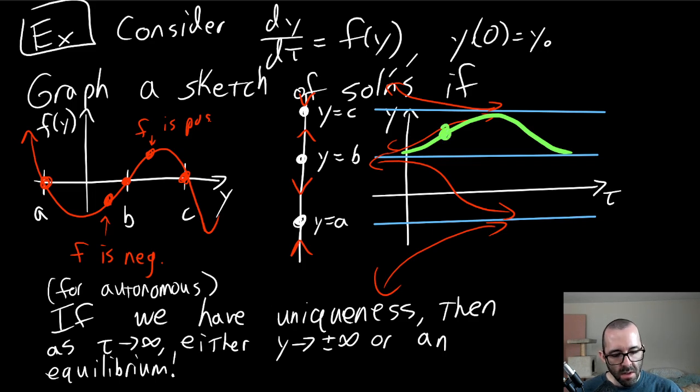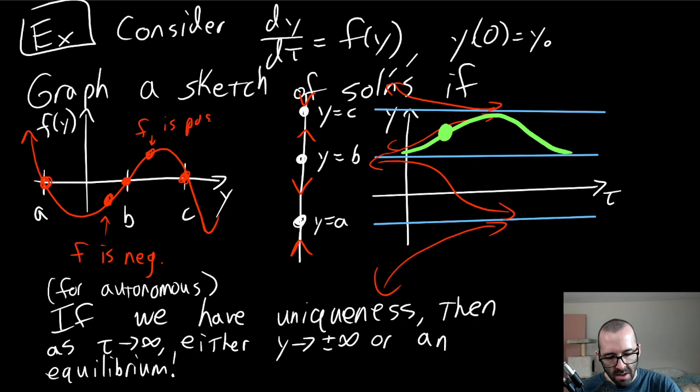Because let's look at this y value. If we're going up here, then the derivative must be positive at this y value. But over here, we have the derivative being negative at that same y value. That's not possible. The derivative is only supposed to depend on y. So this can't happen.